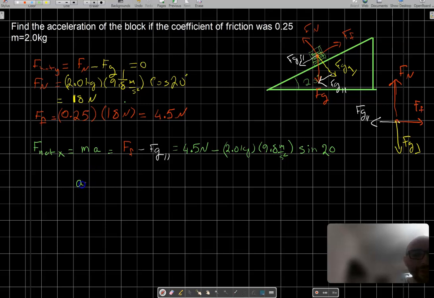So if we're looking for the acceleration here, just to make life easier, we'll divide everything by the mass. Sorry, it's backward here, we got the numbers mixed up.